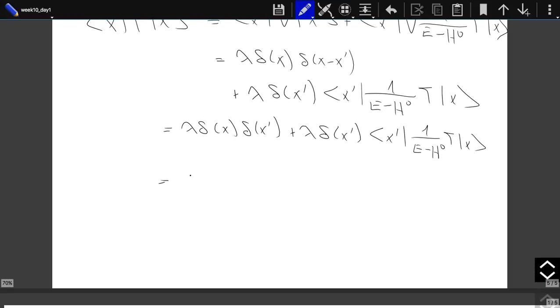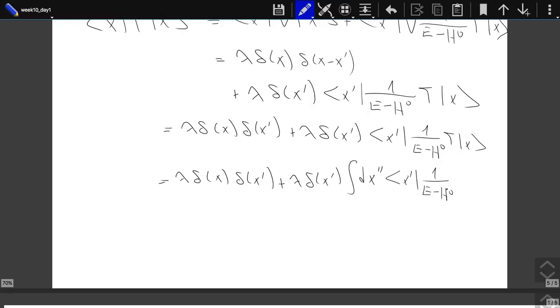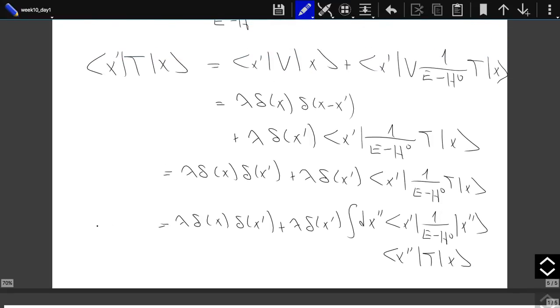Or let's also write it in another form: plus lambda Dirac delta x prime, integral over x double prime, x prime 1 over E minus H0 x double prime, T of x. So this is x prime T x.